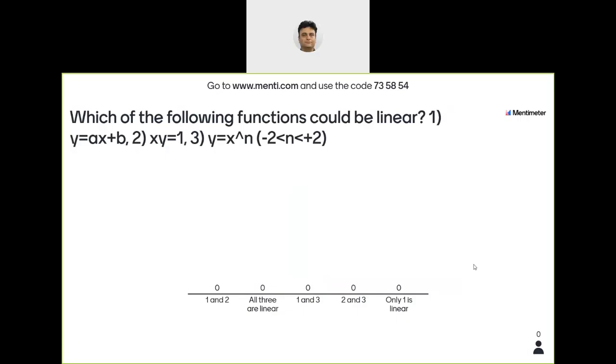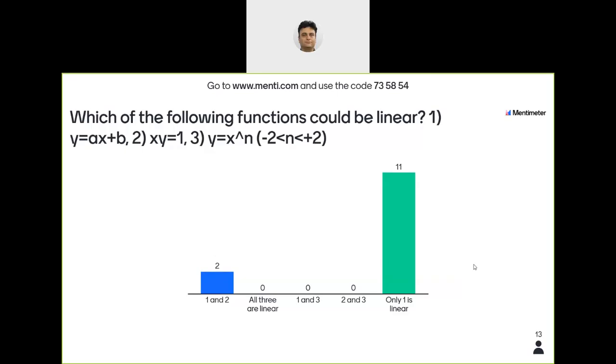Which of the following functions could be linear? One, y equal to ax plus b. Two, y x equal to 1. Three, y equal to x power n, where n could be between -2 and +2. Which of them can be linear?